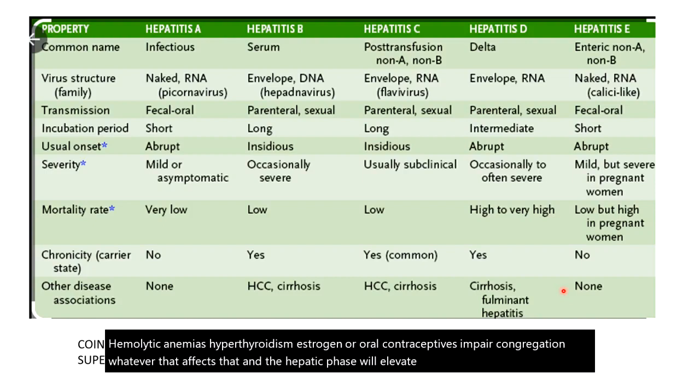The incubation of B and C is long. A and E is very short. Severity depends. In A and E it can be mild or asymptomatic, but in the case of pregnant women, hepatitis E can be serious. Also, mortality.